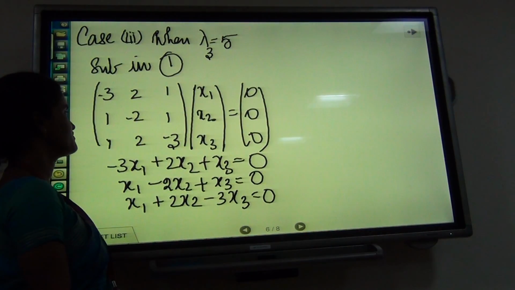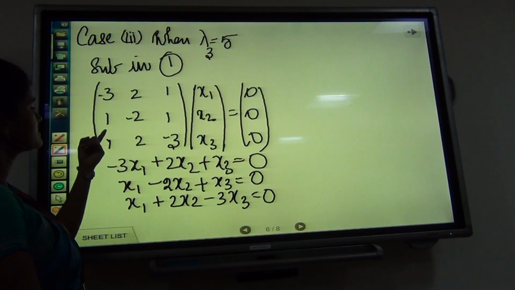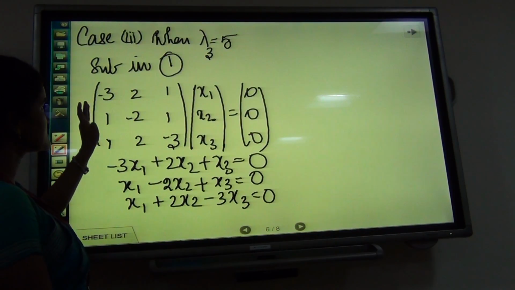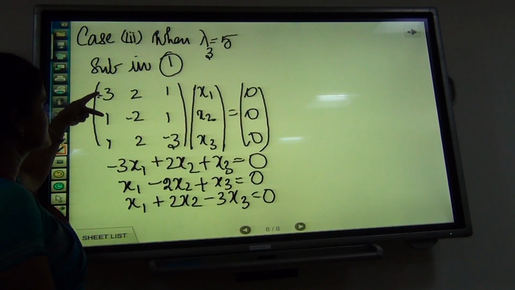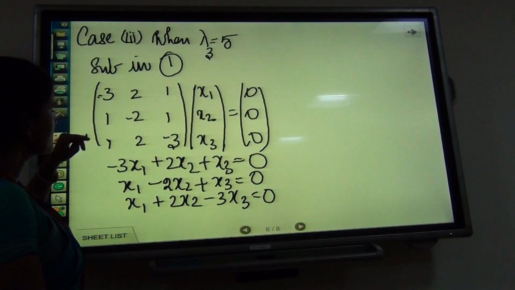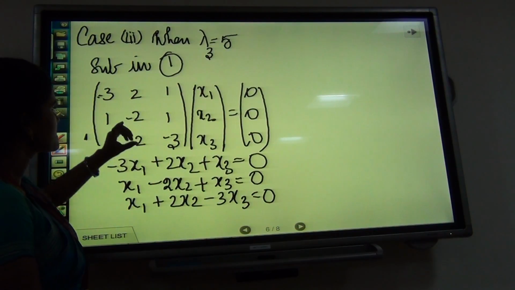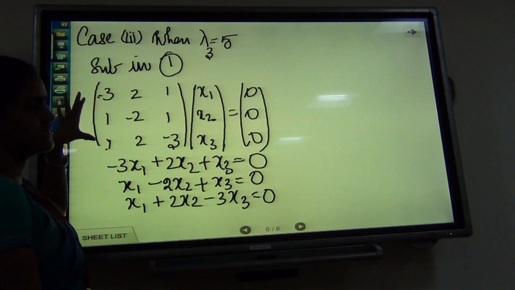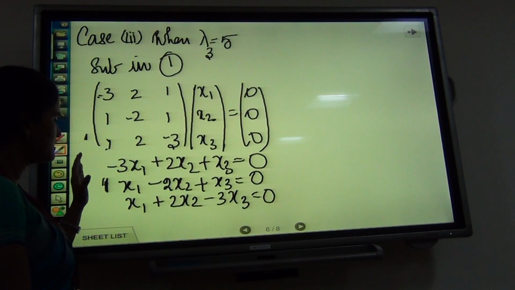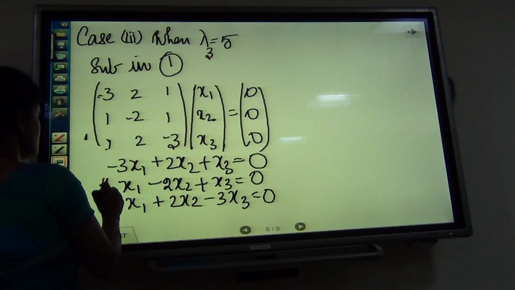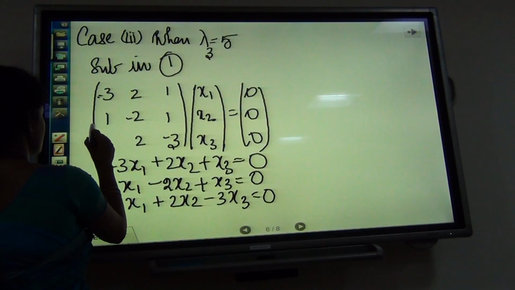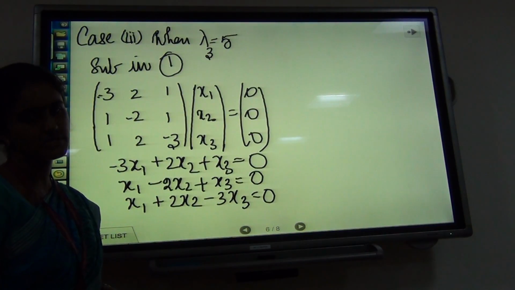Now looking at these three equations, all the three rows are unique. I mean none of the rows you can find to be identical. Here it is minus 3, 2, 1, here it is 1, minus 2, 1, here it is 1, 2, minus 3. So you don't find any two rows to be identical, we are left with all the three equations different.